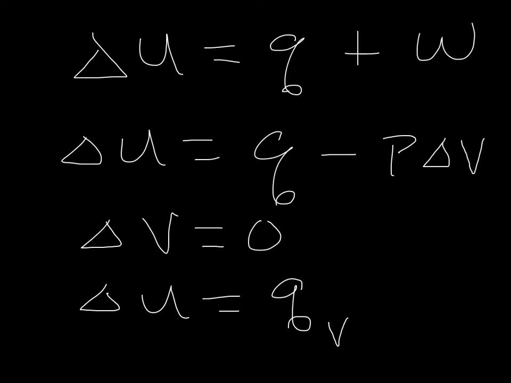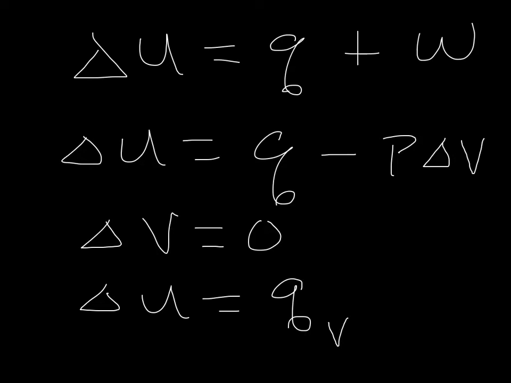Now, constant volume conditions are often kind of difficult to maintain, and so not a lot of things are done under constant volume conditions, but most things that we do in terms of chemistry are usually done under constant pressure conditions.